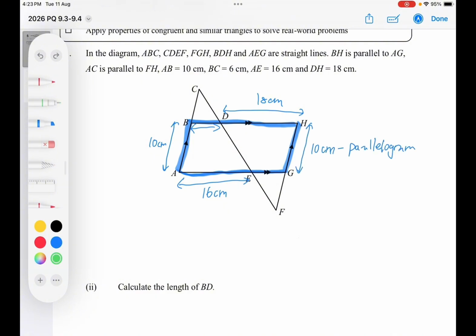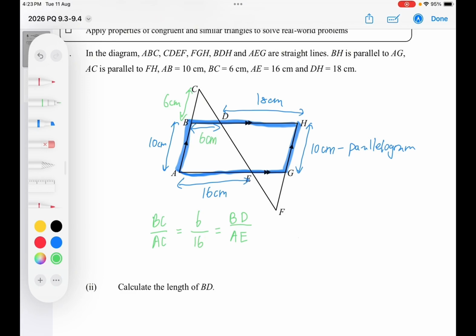So what we can do is use the ratio of BC, which is 6 cm, to AC, right? So BC is to AC is 6 is to 16, which is also going to give me the ratio of BD to AE, which means that this is also 6 cm.